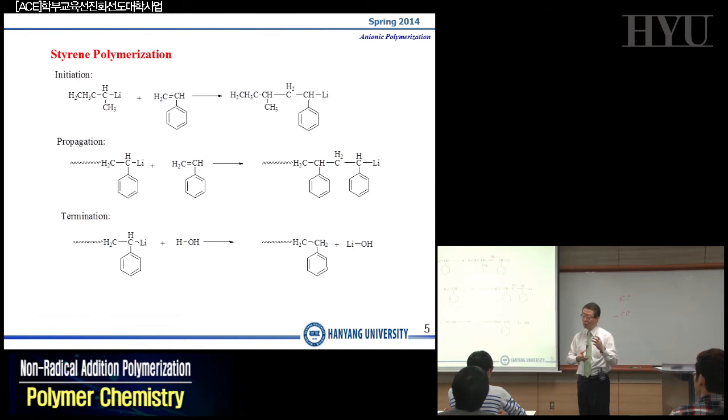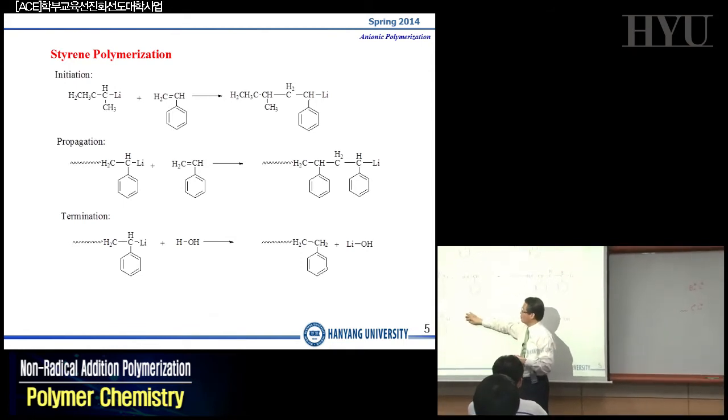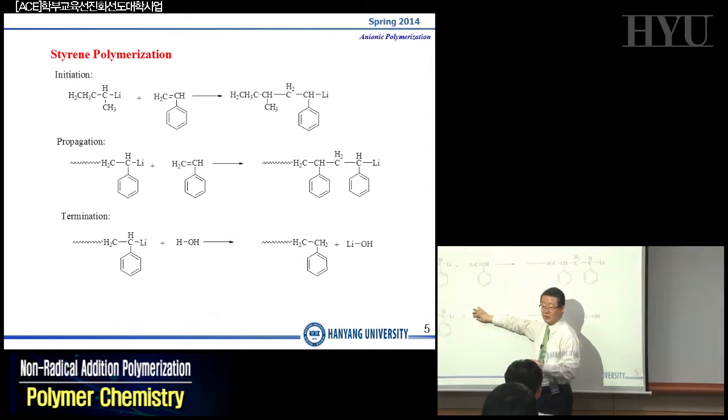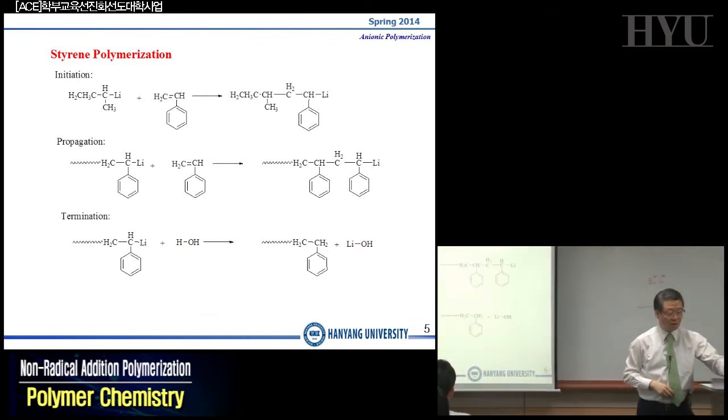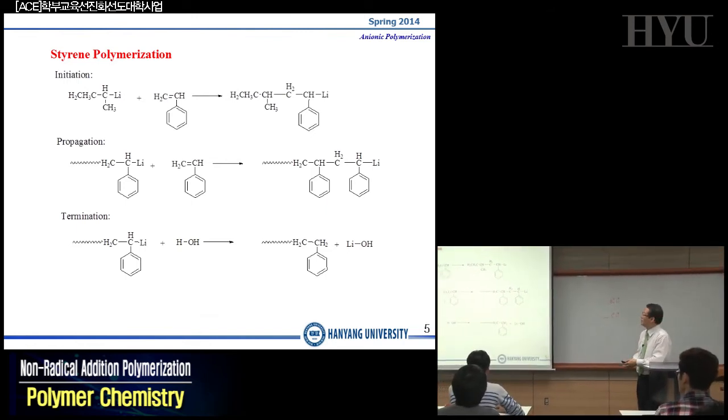So if you know the initiator concentration and the monomer concentration, you will be able to find the degree of polymerization, because there are no termination steps. This holds if the purity of your monomer and the purity of the initiator are exactly the same, without any terminating agents.